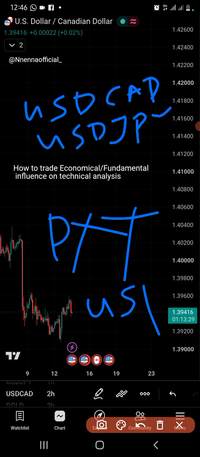So you can also apply this method, using the economic fundamental influence to check the states of their currencies, and apply it to your technical analysis on charts. This will help strengthen the accuracy of your analysis.